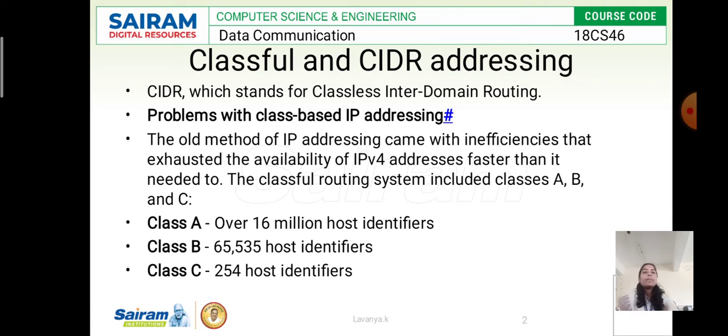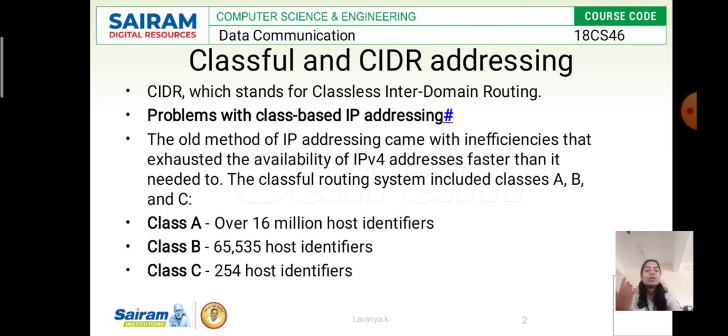Then I am going to tell you how CIDR addressing works. CIDR addressing uses variable length addressing. It allows predefined as well as arbitrary length addressing, which gives more efficiency than the old system.